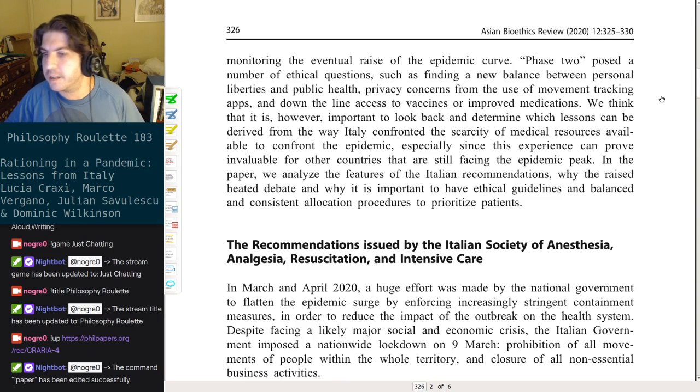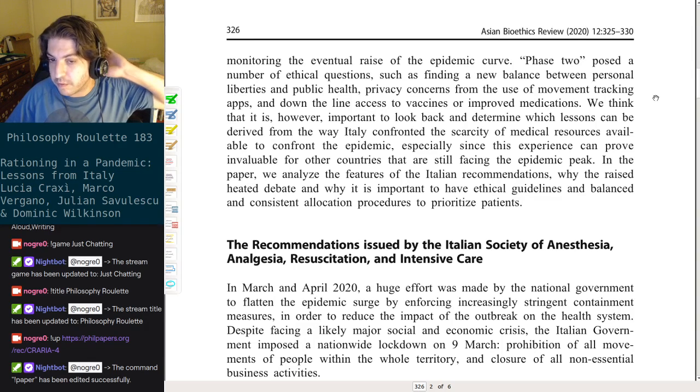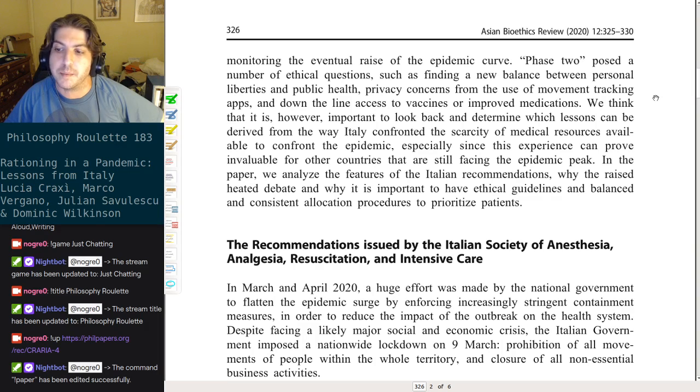Rise or raise? I don't know. Phase 2 posed a number of ethical questions, such as finding a new balance between personal liberties and public health, privacy concerns from the use of movement tracking apps, and down the line access to vaccines or improved medications. We think that it is, however, important to look back and determine which lessons can be derived from the way Italy confronted the scarcity of medical resources available to confront the epidemic, especially since this experience can prove invaluable for other countries that are still facing the epidemic peak.